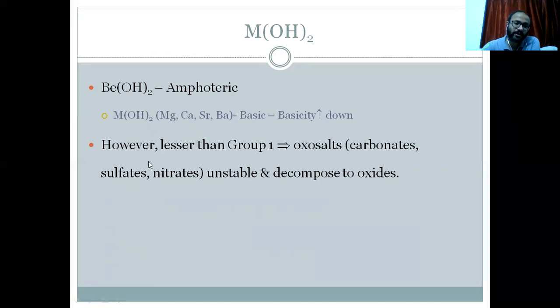So whenever your basicity is low, the oxo salts are unstable, so a gentle heating can decompose them into their corresponding oxides. This particular reaction we have seen in the previous case when we talked about the basicity of the group 1 elements.